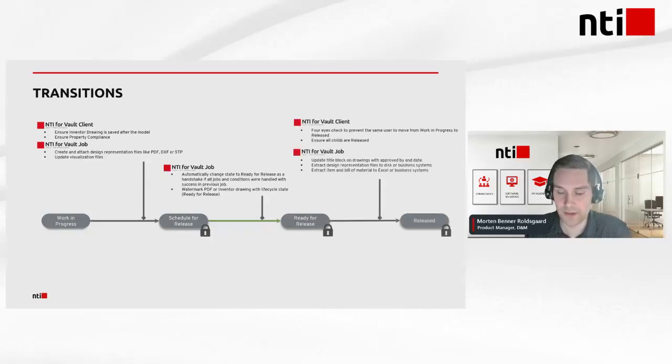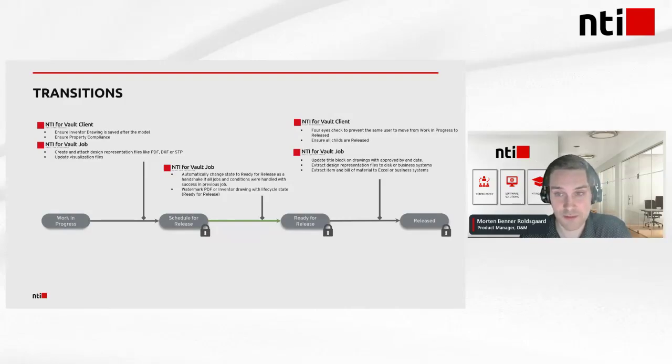And then finally, when we go to the final release state, we can make NTI for Vault client ensure that the user who initiated this release process cannot finalize the release process. So we ensure this four-eyes check, where we need an additional user to review or approve it in order to go to the released state.